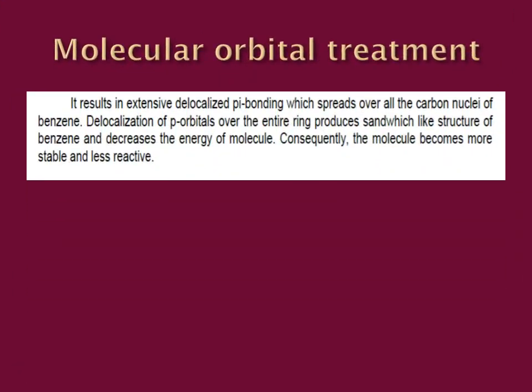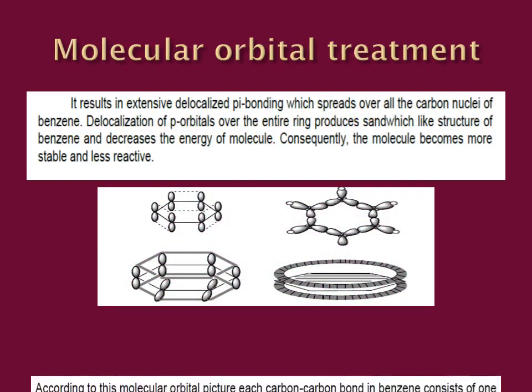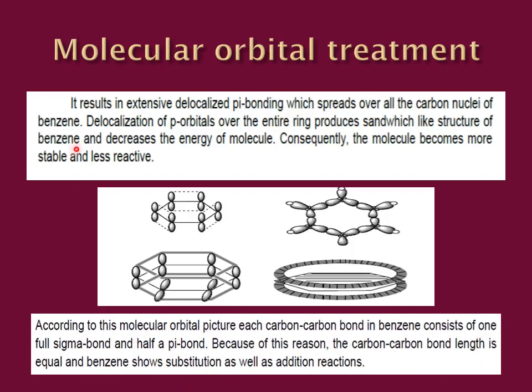Delocalization of the p orbitals over the entire ring produces a sandwich-like structure of benzene and decreases the energy of the molecule. Consequently, the molecule becomes more stable and less reactive. According to this molecular orbital picture, each carbon-carbon bond in benzene consists of one full sigma bond and a half pi bond. Because of this, the carbon-carbon bond lengths are equal and benzene shows substitution as well as addition reactions.